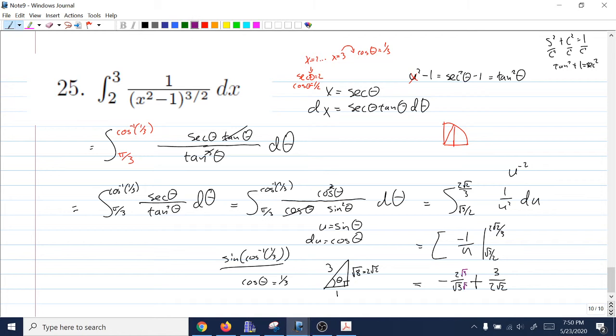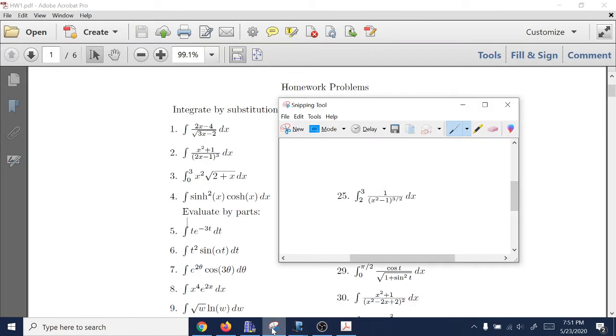Stick a root 3 and a root 3 and a root 2 and a root 2. Let's put this one first. 3 root 2 over 4 minus 2 root 3 over 3 is, I think, the right answer. Weird. That's not weird. It's an ugly number, but you know, it's a number.